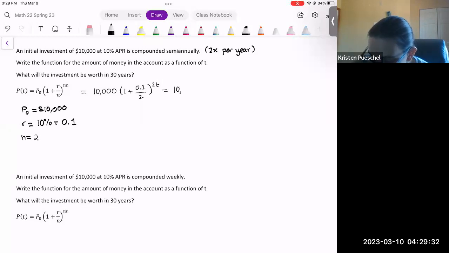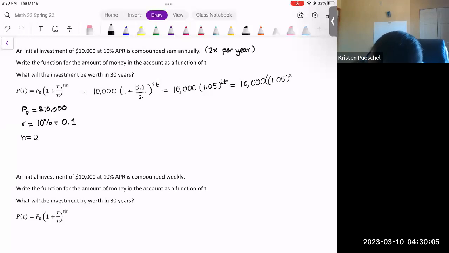There are a couple of ways we can express this to make it more helpful for others. We can add this base together so that we get 1.05^(2t). And we could also calculate 1.05 squared, rewriting this as (1.05²)^t.